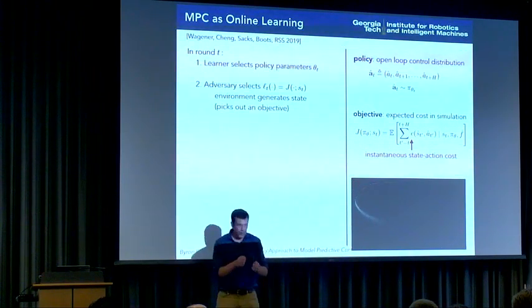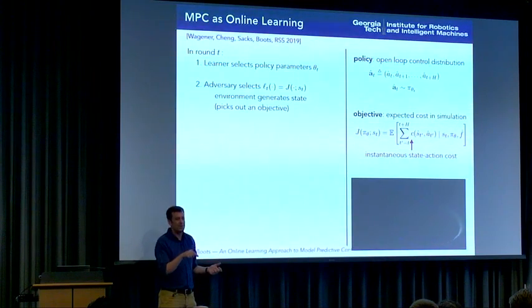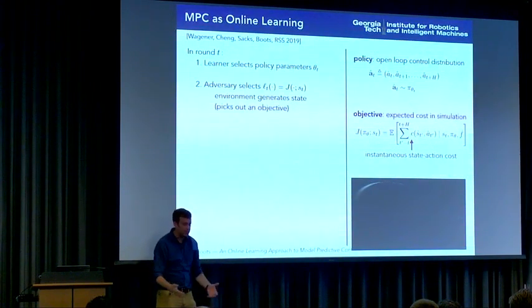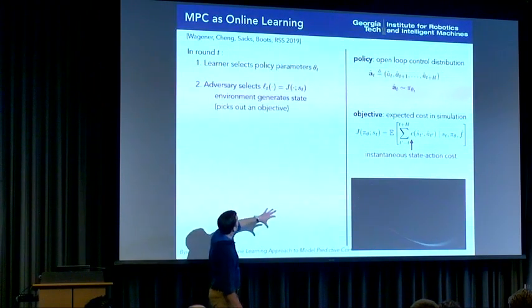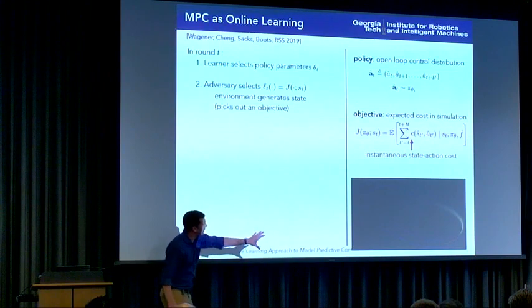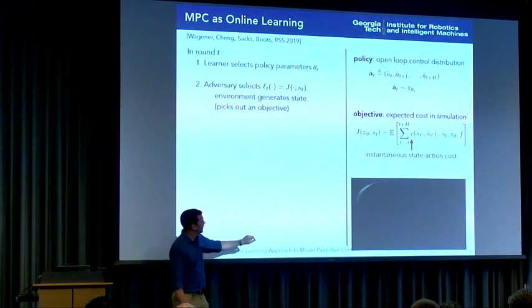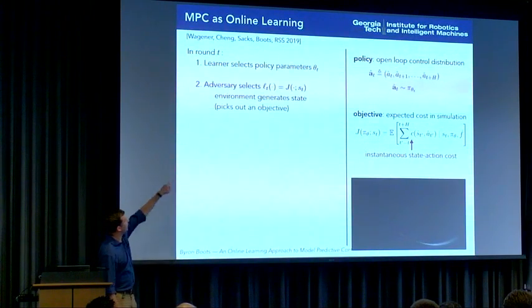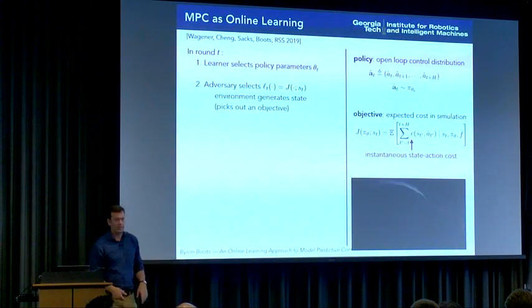And this is adversarial because the world can put us anywhere in the simulator, including places which we might not expect due to limitations in simulation. So we'll think about how you're evaluating that control distribution as you're proposing it, and then the world tells you where it's going to put it, and then that's your adversarial loss function.